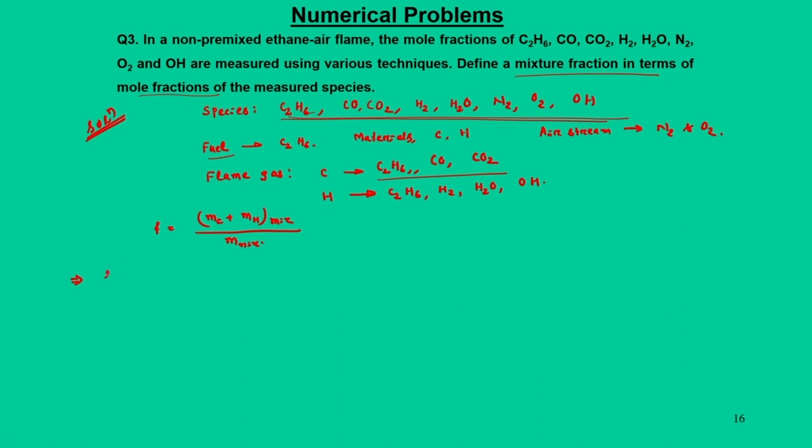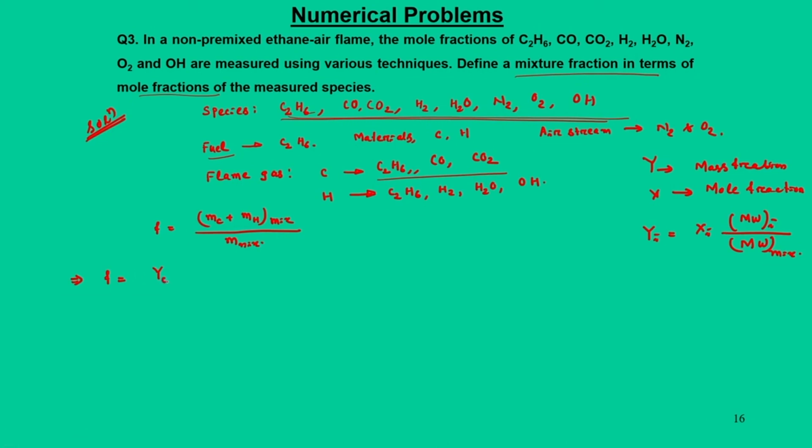So we write in terms of their mass fraction as Y. Y stands for mass fraction, X stands for mole fraction. The relation between mass fraction and mole fraction is Yi is equal to Xi times molecular weight of i divided by molecular weight of the mixture. So we are writing in terms of mass fraction first.